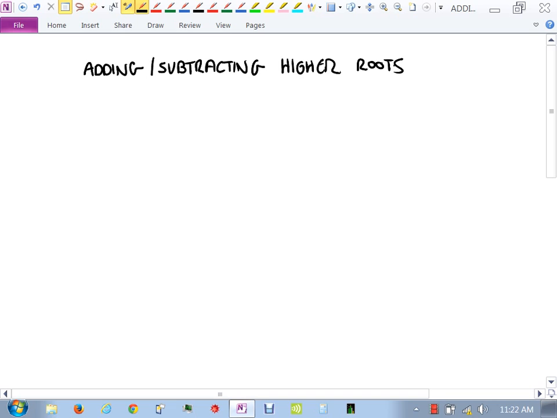We're in 8.5. All we've done so far is just talked about nth roots, like higher roots. But now I'd like to add and subtract them and see what happens. Or if we can.